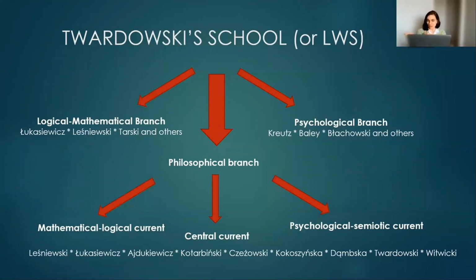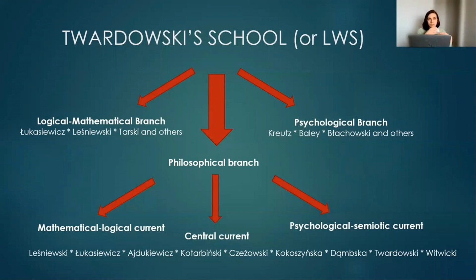This is the psychological semiotic current, and now it's important to stress that Twardowski started from this descriptive psychology, which was a conception of mind. So they were talking about presentations and concepts, about judgments, even in the psychological sense, and so on. And in the course of the development of the school, these psychological investigations became semiotic investigations.